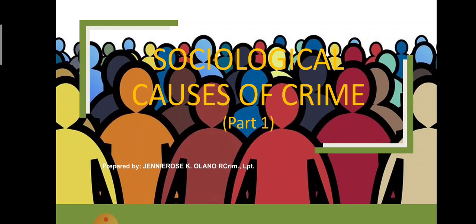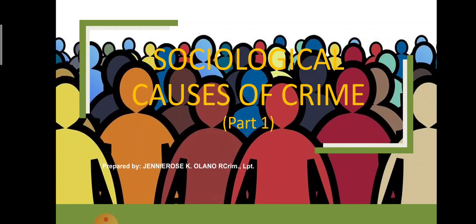Now let's proceed with sociological causes of crime, wherein this theory explains the relationship of the environment in the causes of crime. As I said, it's the contribution of society, the environment, and social interaction in the development of antisocial behavior.